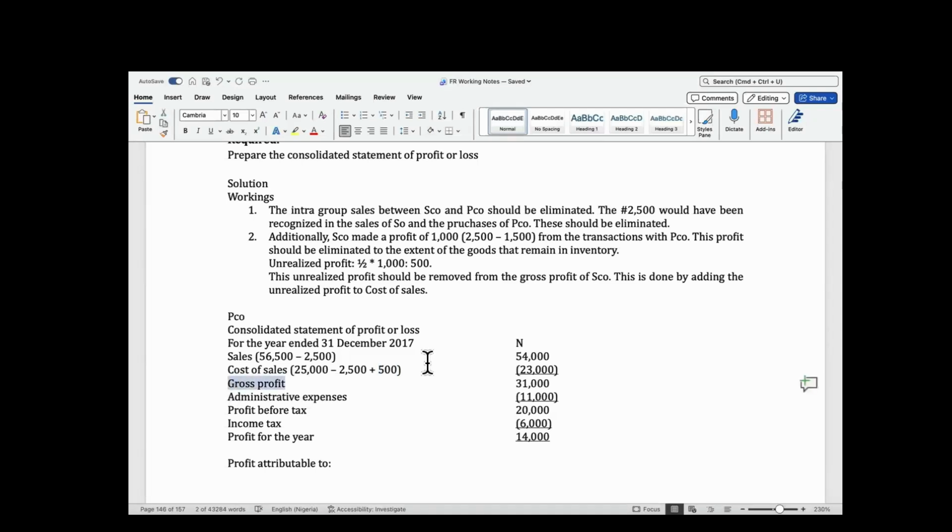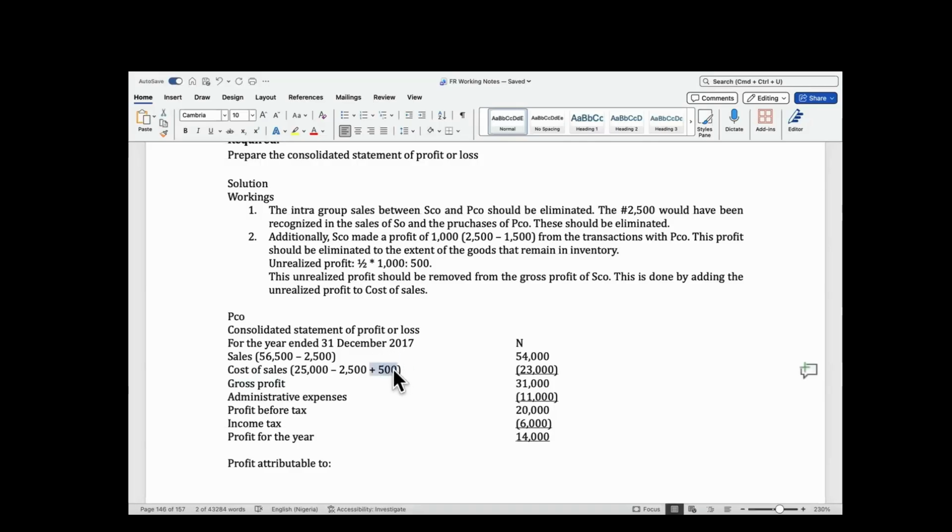Just increase your cost with it, and it will automatically reduce your profit. And we will always add these unrealized profits to cost of sales, 500.